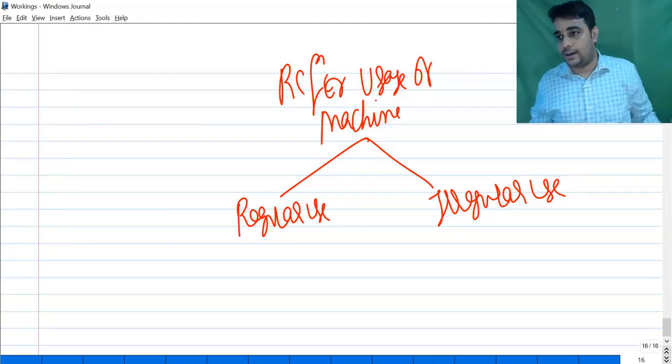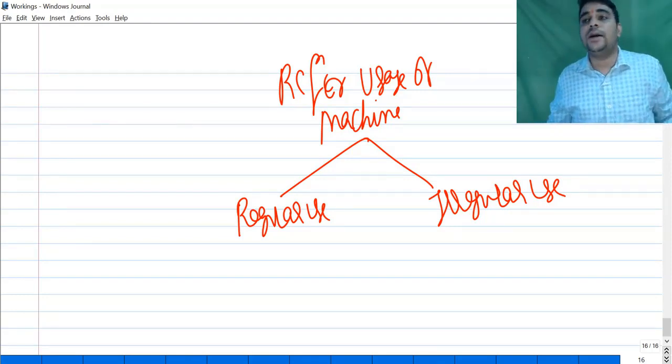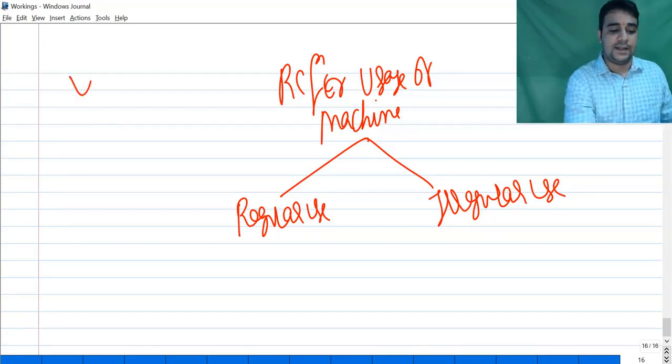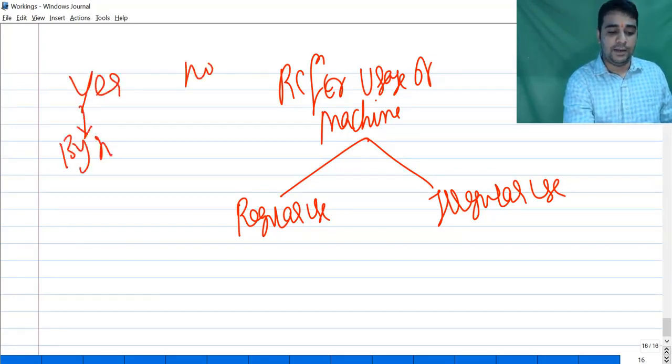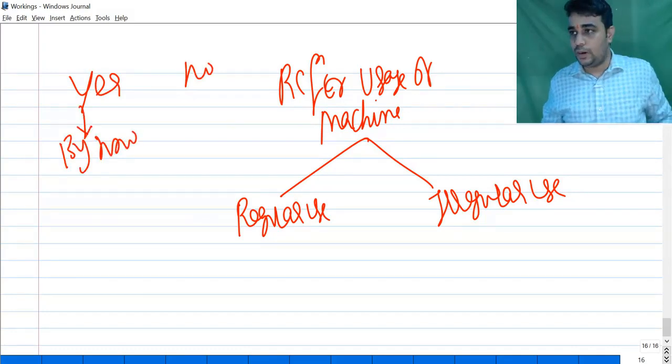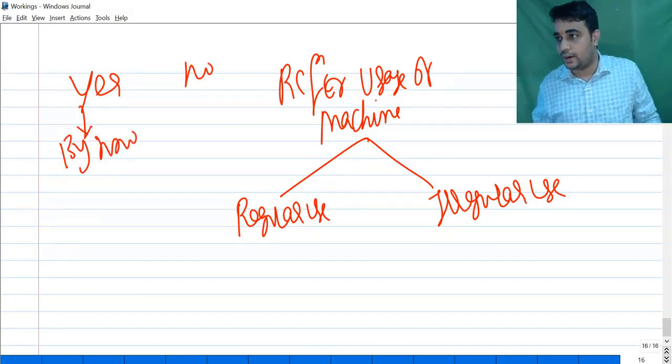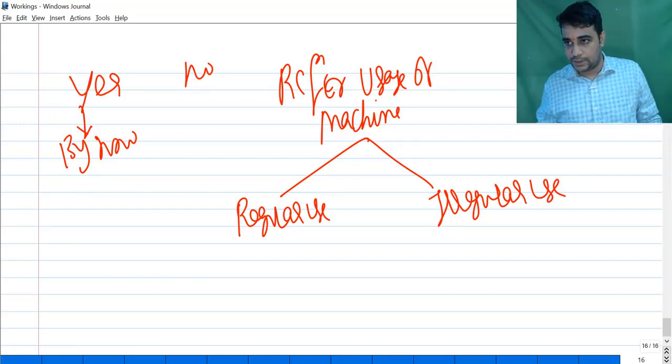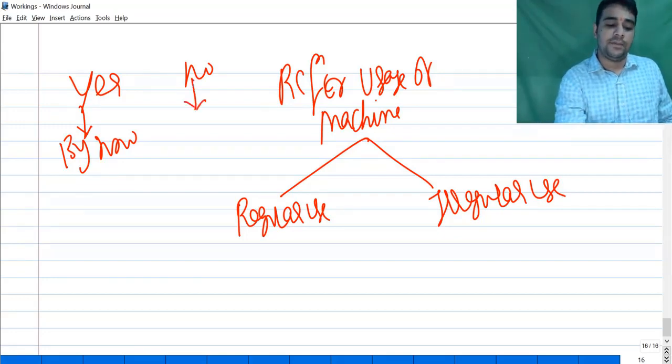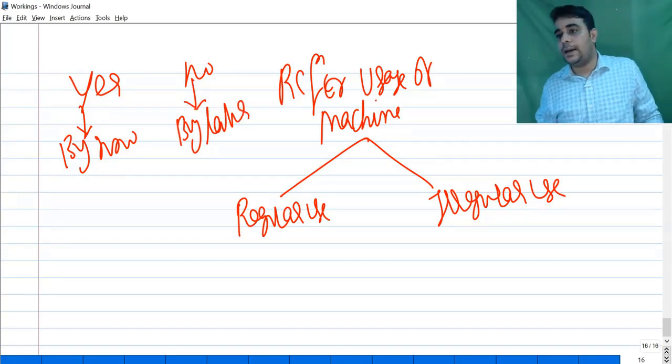You get a contract. If you get a contract, in the yes scenario, you buy the machine today, buy now. You will have to buy this machine now because you have got a new contract. If you don't get a contract, you will buy the machine later.